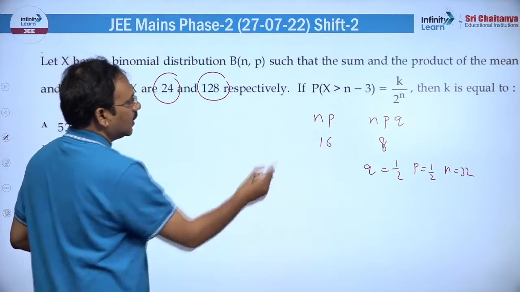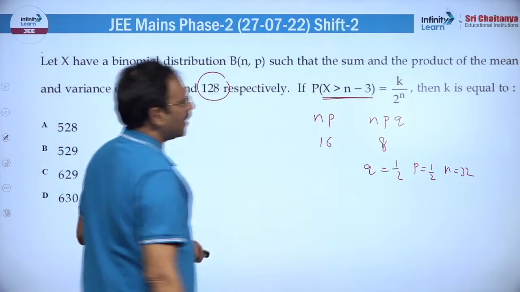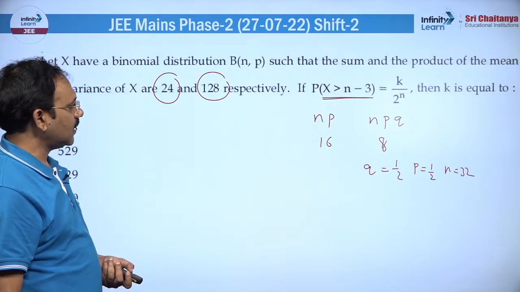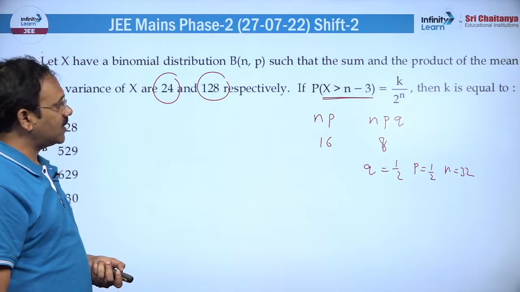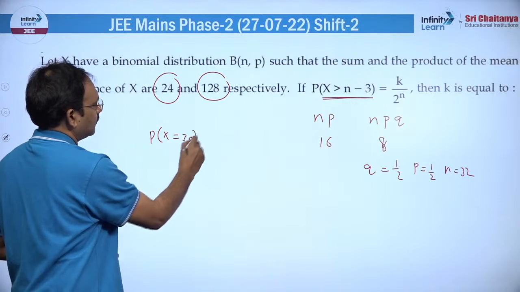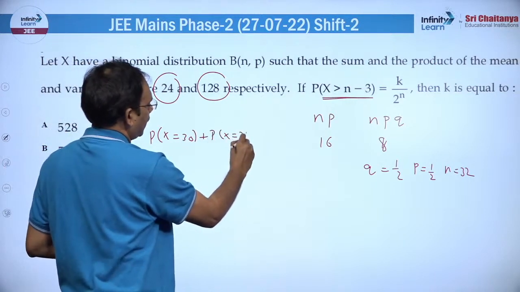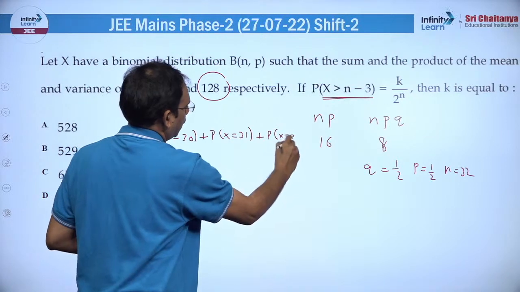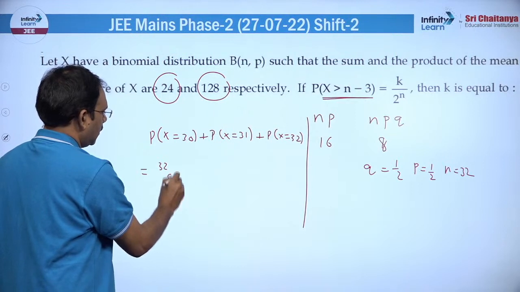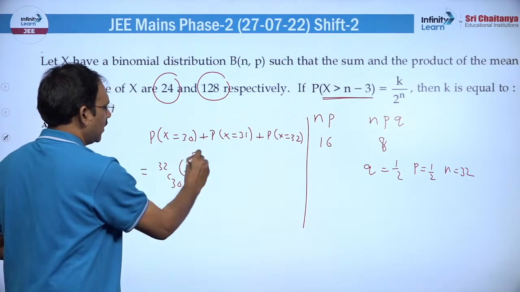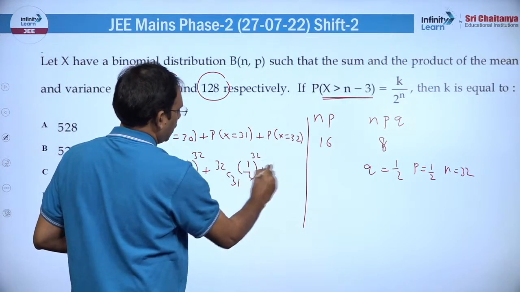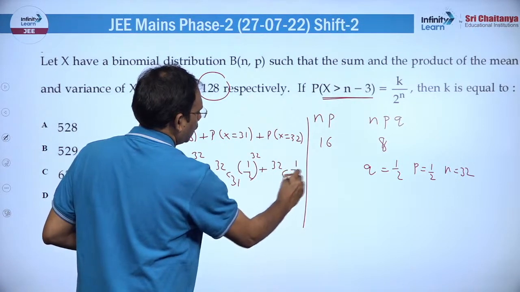Now he wants P of x greater than N minus 3. N is 32 minus 3, so 32 minus 3 is 29. That means P(x = 30) plus P(x = 31) plus P(x = 32) we need to find. So this is 32C30 into 1 by 2 power 32, plus 32C31 into 1 by 2 power 32, plus 32C32 into 1 by 2 power 32.